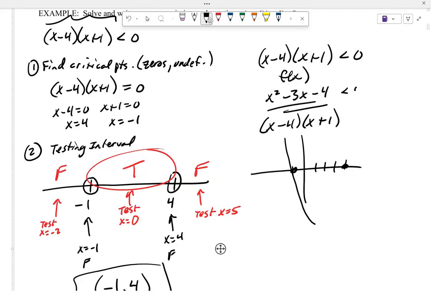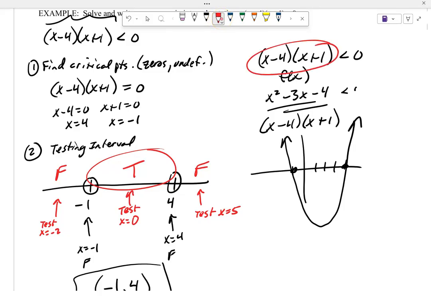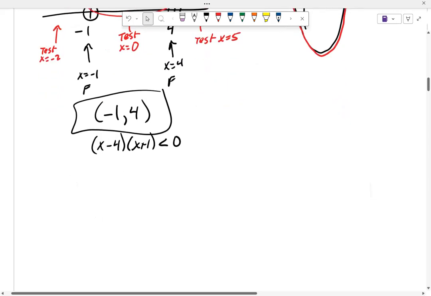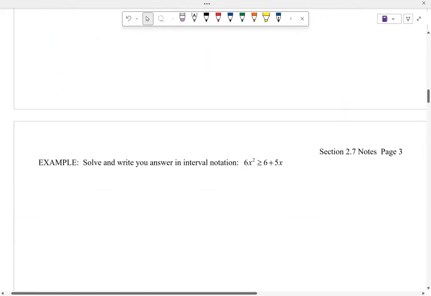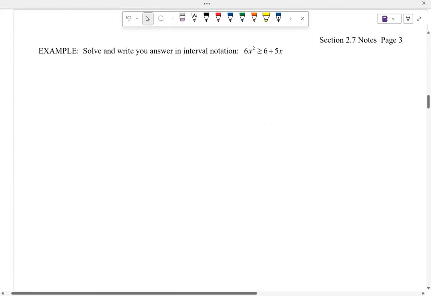Now, I'm not going to go through the whole process of finding it exactly, but can you see how this function is less than 0 between -1 and 4, right? So we just did it algebraically because they're not always so easy or friendly to graph, right? So we're just going to stick to finding the critical points and doing these things algebraically with a testing interval.